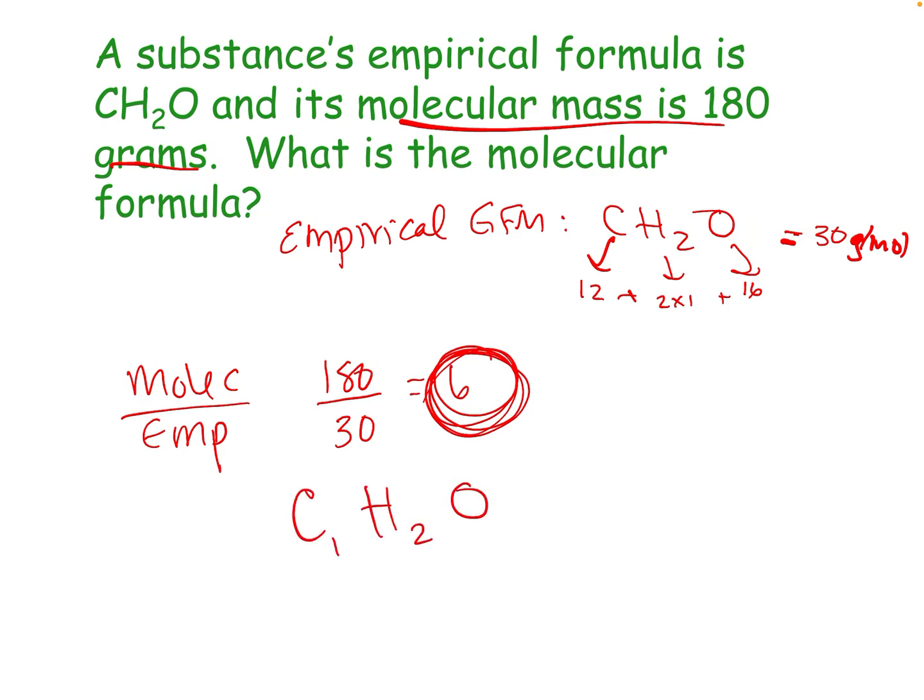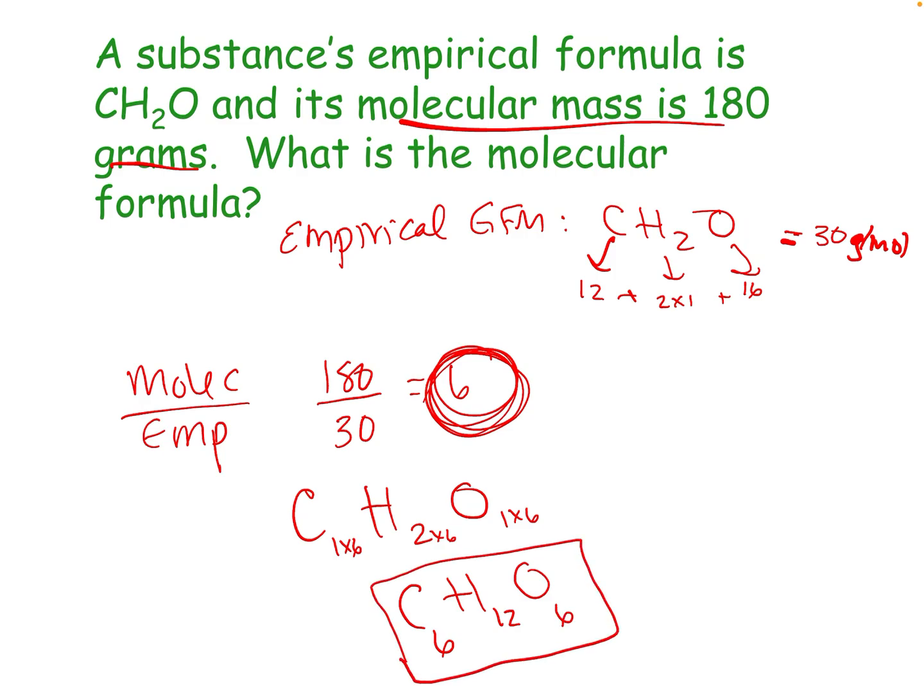So this is a 1 and this is a 1, which we would never write. But just for the sake of this example, I'm going to multiply this by 6. And so then I'd get C6. I'd multiply this by 6. Then I'd get a 12. I'd multiply this by 6. And I'd get a 6. This is my molecular formula, C6H12O6.